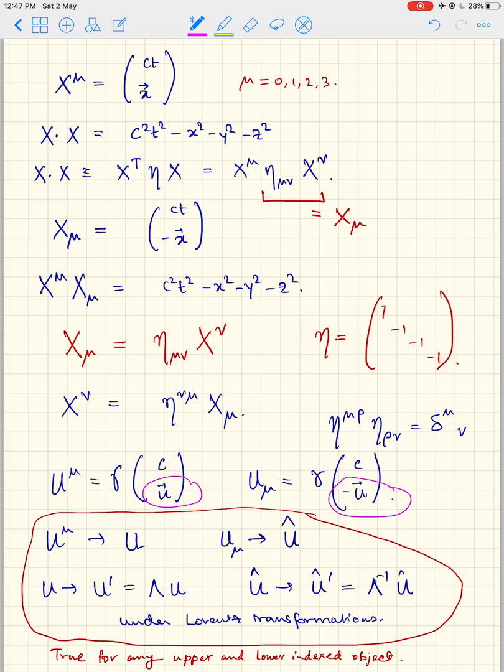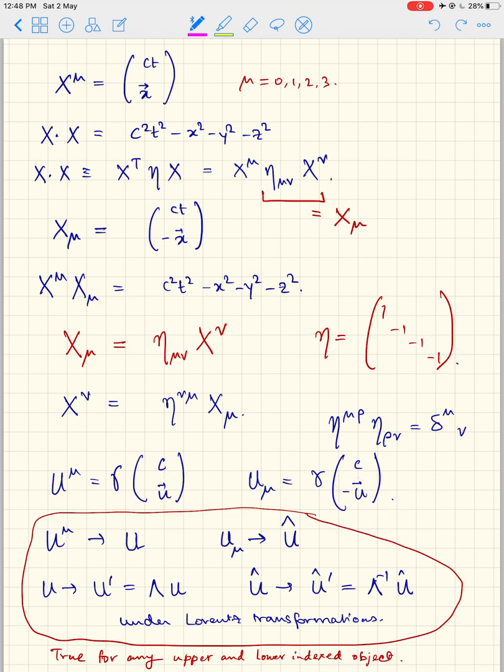So these are the ways that you are going to distinguish between an upstairs index and a downstairs index. You multiply it with this eta, and eta has these signs here. So it's going to flip the sign of your 3 vector, okay? That is what is going on between upstairs indices and downstairs indices.